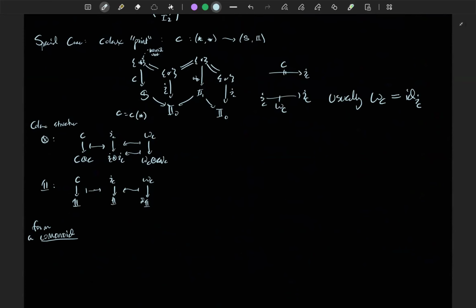So I will note, because this is very common for us, if the tensor product is the Cartesian product, then this choice is essentially uniquely determined.